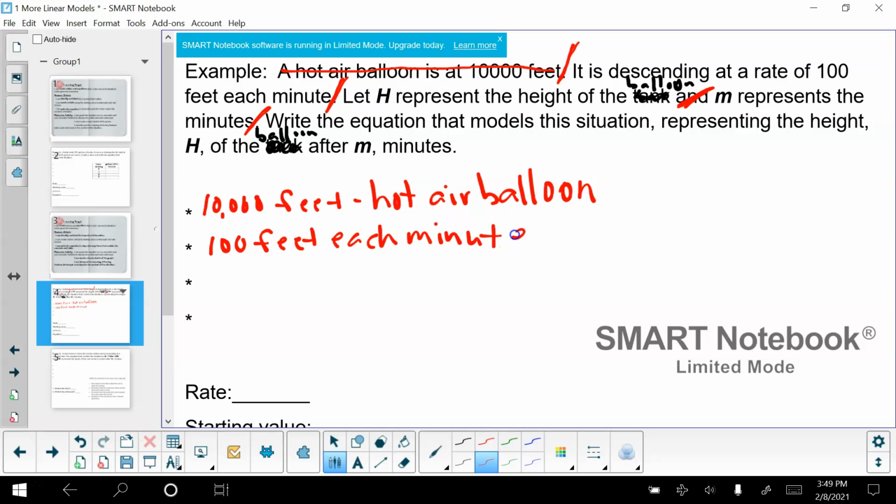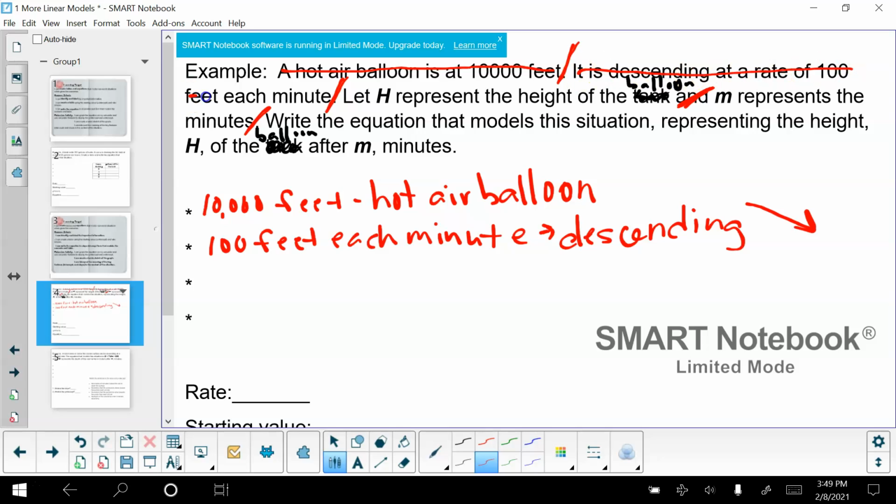And again, it's very important not just to put the numbers, but to label them, put what they represent. And I'm going to put another important label here, the fact that this thing is descending. Since it is descending, that means the balloon is actually going down.